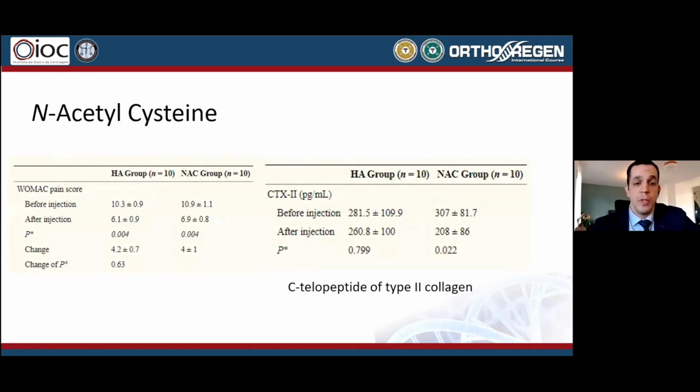And they showed that both of the injections showed a good result in decreasing the pain, but only the N-acetylcysteine group decreased the level of C-telopeptide of type 2 collagen, which is a biomarker of collagen degradation.